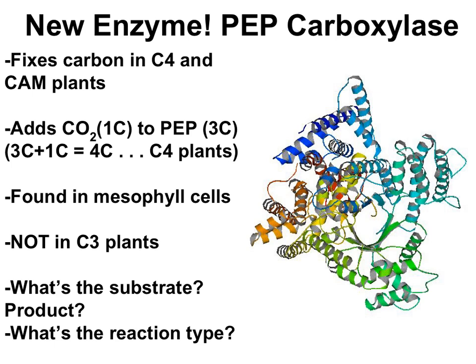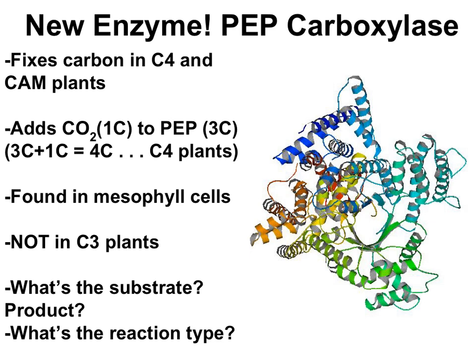We know that PEP carboxylase fixes carbon in C4 plants, but this enzyme also fixes carbon in CAM plants too, so pay close attention. Like the name suggests, PEP carboxylase carboxylates PEP. PEP is a 3-carbon molecule, and PEP carboxylase adds the 1-carbon carbon dioxide to PEP.